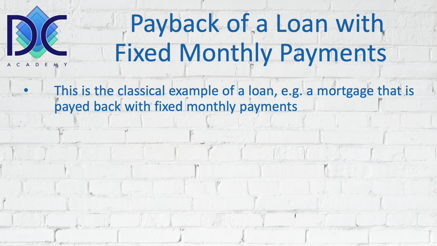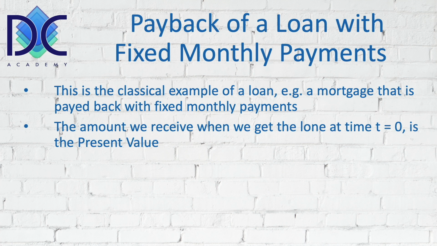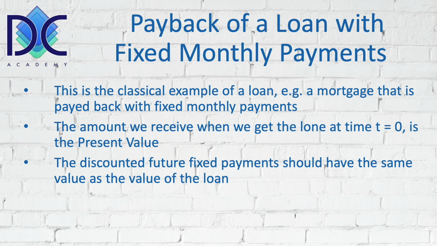At the moment we buy the house, t equals 0, today, now, we pay the present value of the amount of the house. So when you have a loan of $100,000 or $200,000, depending on what you buy, at t equals 0 you have the present value, which is equal to the present value of all the future payments that you are going to do.